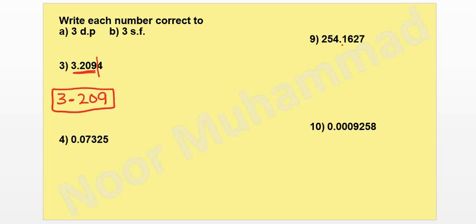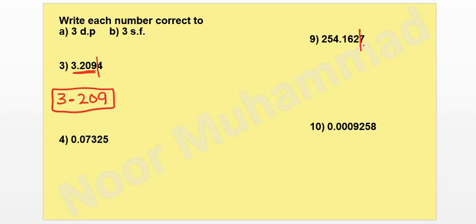Let me solve one more for you. Here, 3 decimal places. First decimal place, second decimal place, third decimal place, right? Draw a line after the third decimal place and look at the next digit. What is the next digit? The next digit is 7. Does it belong to the group 0 to 4, ignore, or does it belong to the group 5 or more, add 1 more?